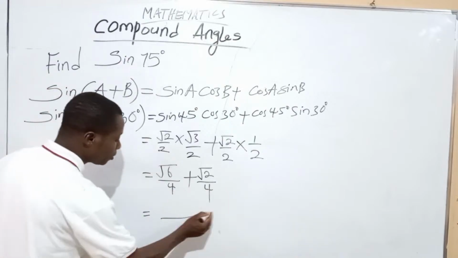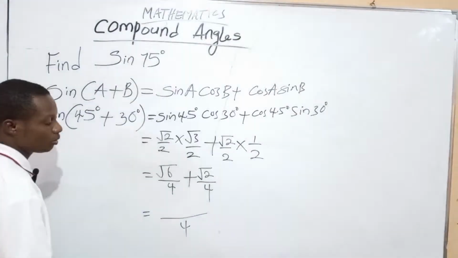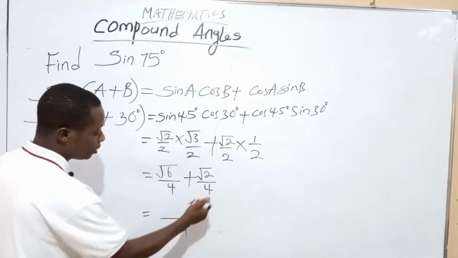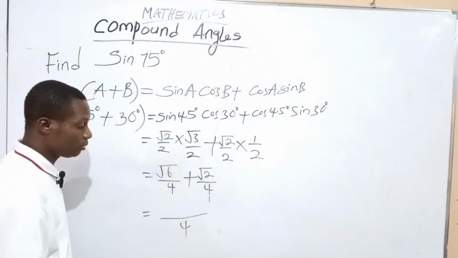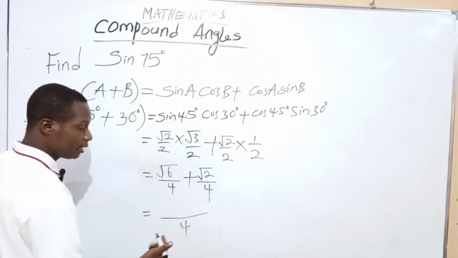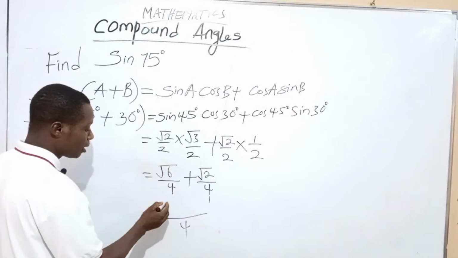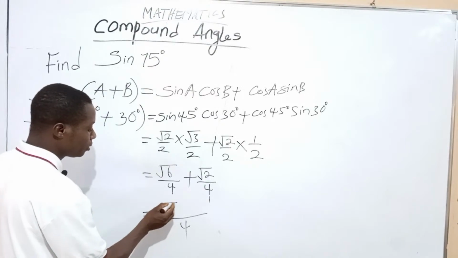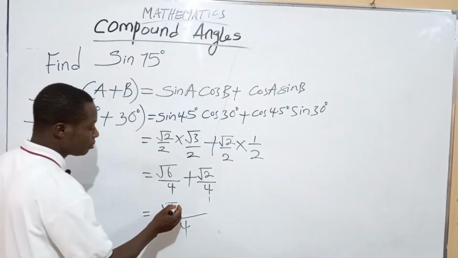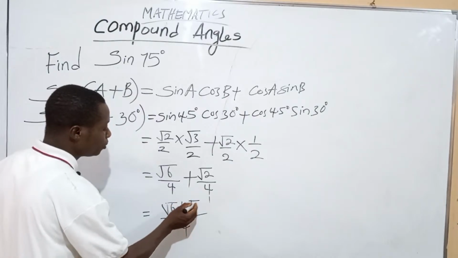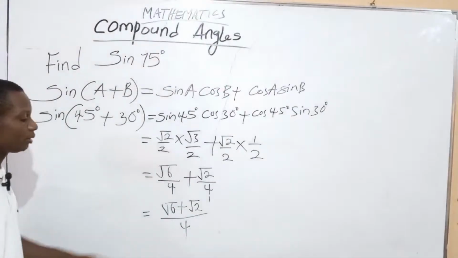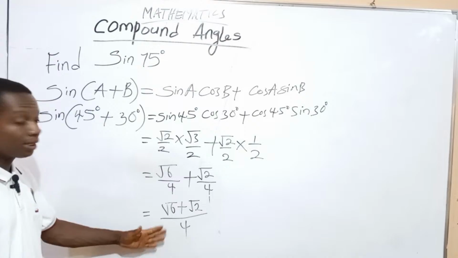Just take one of the denominators, which is very easy to do. But the easier way is to bring the 1 over 4 and put this inside the bracket. However, we can proceed with this method: root 6 plus root 2 over 4. This is the answer.